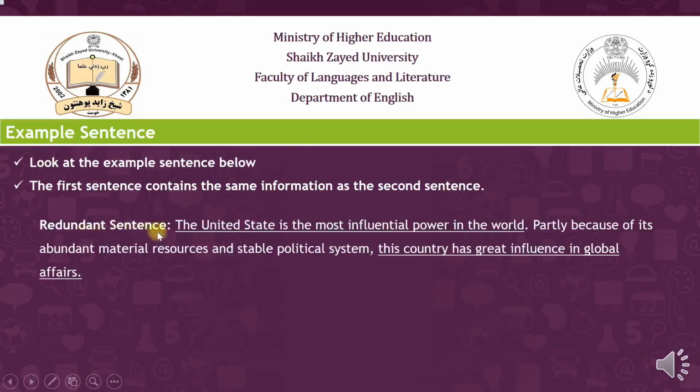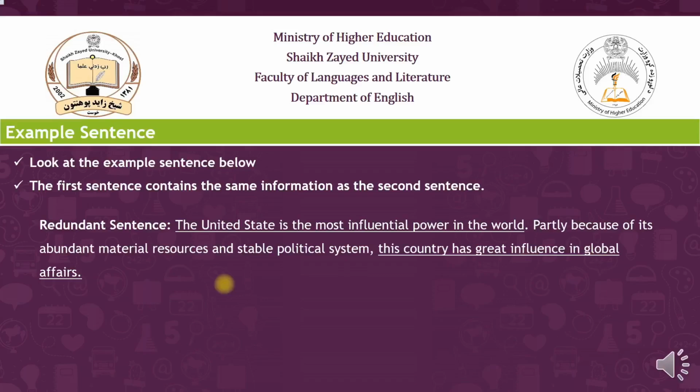The redundant sentence here is: the United States is the most influential power in the world, partly because of its abundant material resources and stable political system. This country has great influence in global affairs. So it is a redundant sentence.